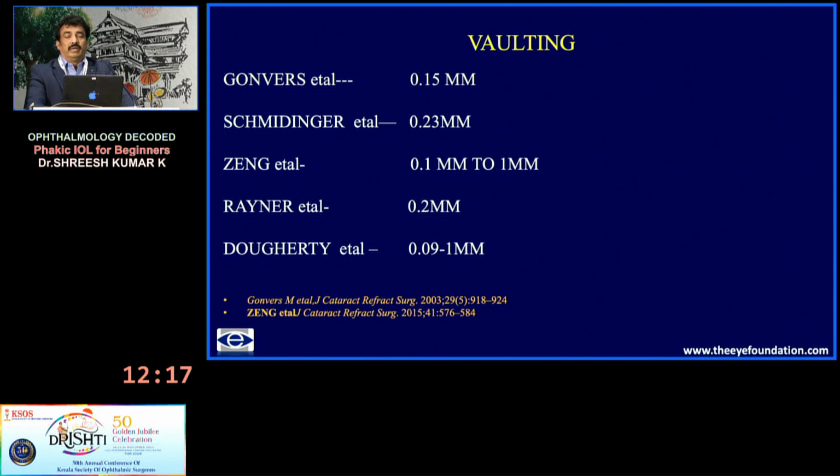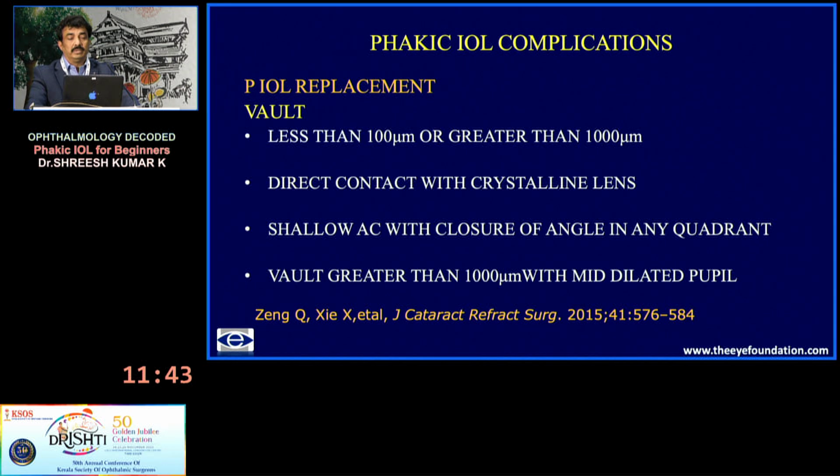Many authors have reported a range of values for the limits of safe vault based on the likelihood that cataract or pupillary block may occur beyond that range. There are various studies. Many of these authors have suggested 150 microns to 1000 microns as the acceptable limit, but we suggest 250 microns to 750 microns is the ideal vault that should be aimed for.